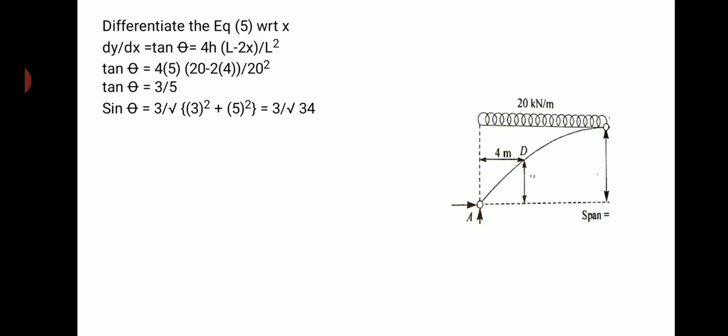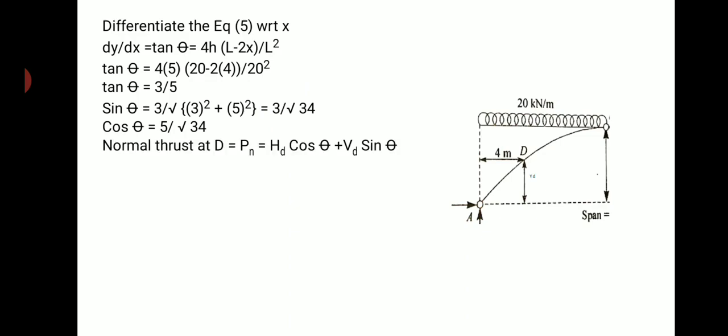So 3 is the opposite side and 5 is the adjacent side. So if I take the square of that summation, I'll get the hypotenuse value by using the Pythagoras theorem. So I'll get the value of sin theta as 3 by root of 34 and cos theta as 5 by root of 34.